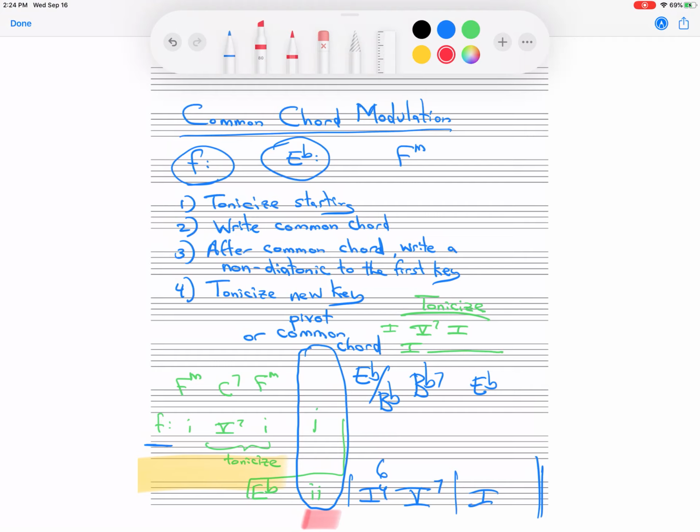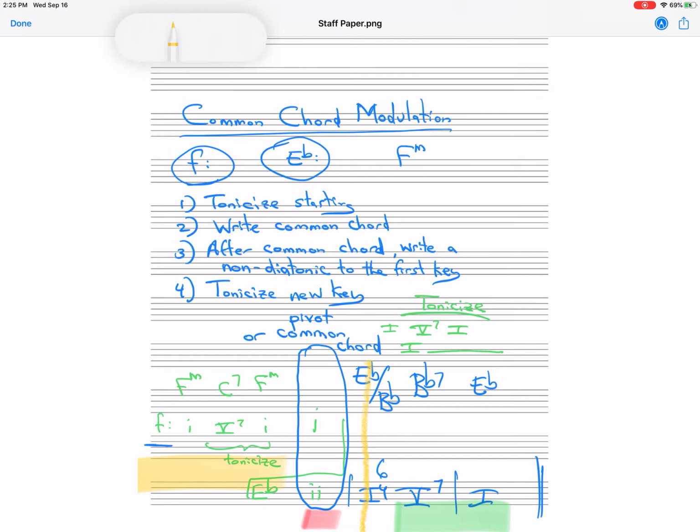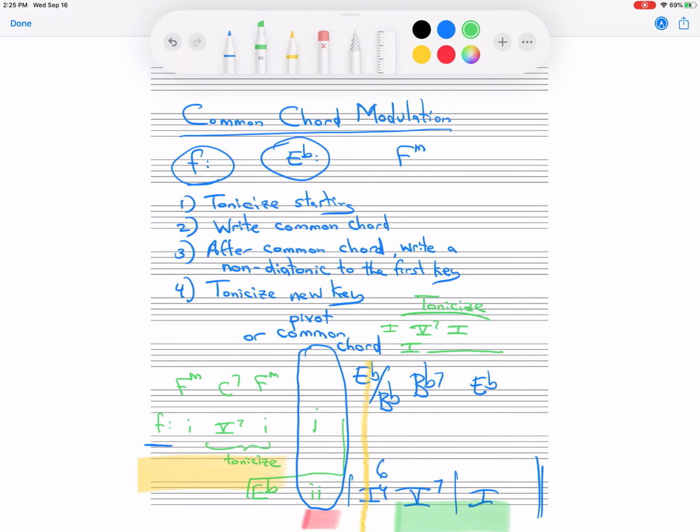And then finally, on the right side of this, you tonicize the new key, and you have to make sure that this chord here is not diatonic to the first key. So, very important, this one here, you have to write a new chord, not diatonic to the first key, so that you can hear that something has happened. And of course in this E flat over B flat, that's a very unlikely chord in the key of F. It would be 7/6/4. So, again.